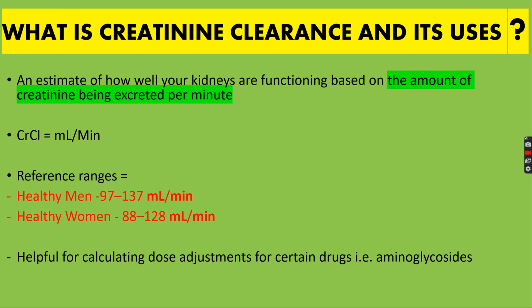It's important with these drugs because they are what we call narrow therapeutic drugs, which basically means they have a limited window within which they can be therapeutic to the patient, a limited range even. They are also nephrotoxic, and they are excreted by the kidneys. So when, for example, you need to change a dose, it's important to know the creatinine clearance to enable you to adjust the dose appropriately.